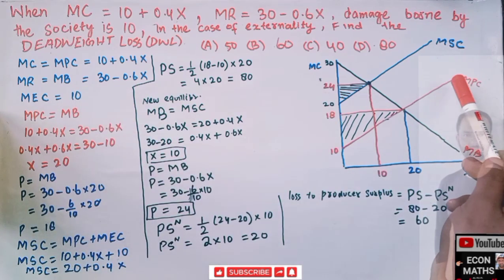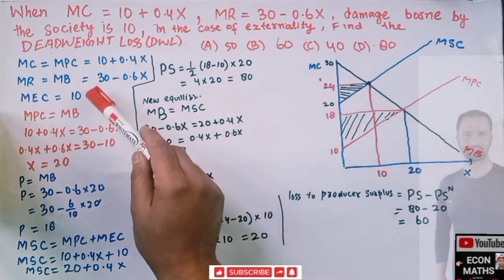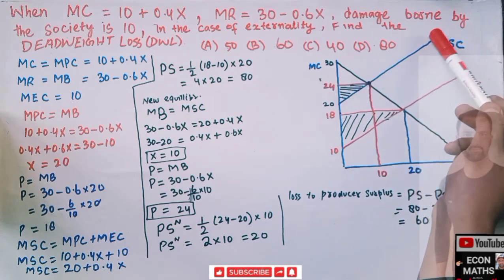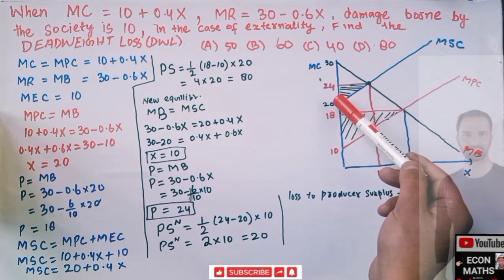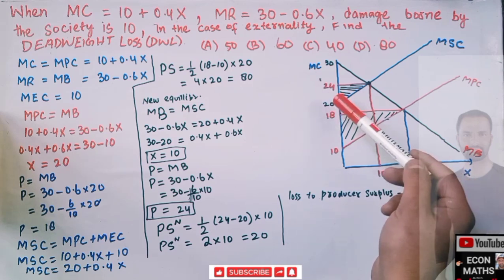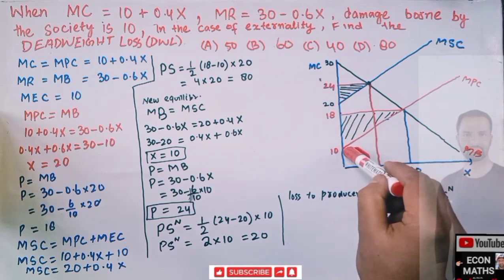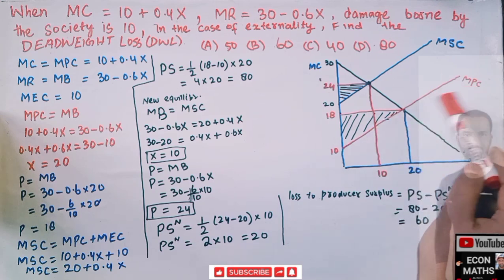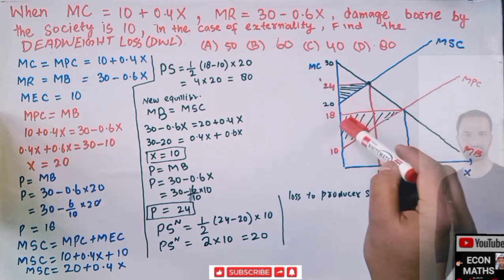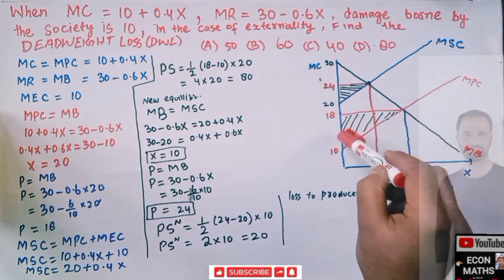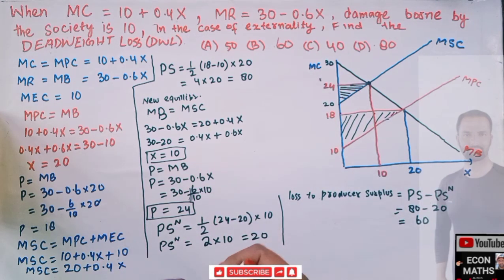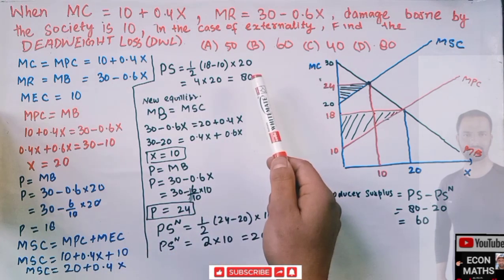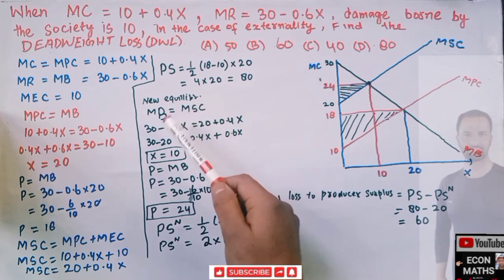The aggregate of this curve and this 10 will give us this supply curve, with intercept 20. This will change, since originally the intercept was 10. Since there is a cost borne by society equal to 10, the intercept will increase by 10 units, so this will become 20 here.